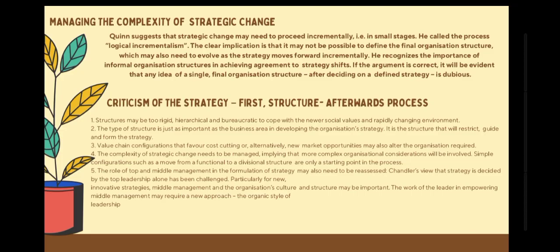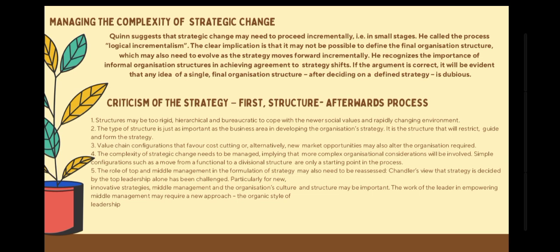Managing the complexity of strategic change. Quinn suggests strategic change may need to proceed incrementally, in small stages. He called the process logical incrementalism. The clear implication is that it may not be possible to define the final organization structure, which may also need to evolve as the strategy moves forward incrementally.